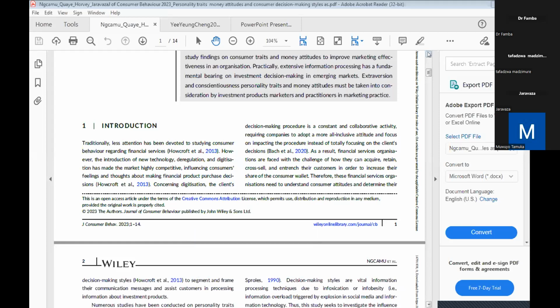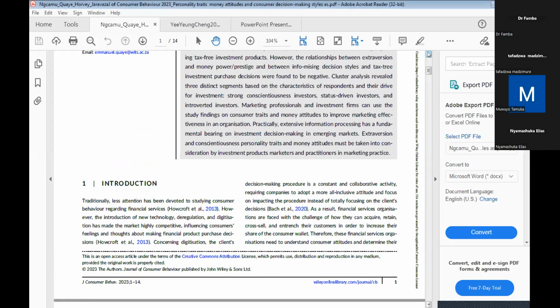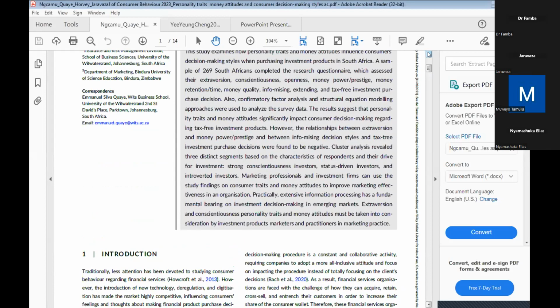I shared this article with you, but I just want to emphasize some things here.